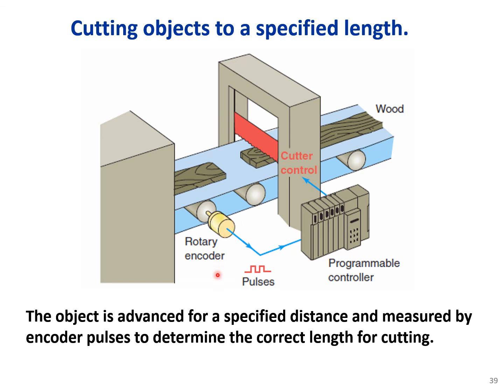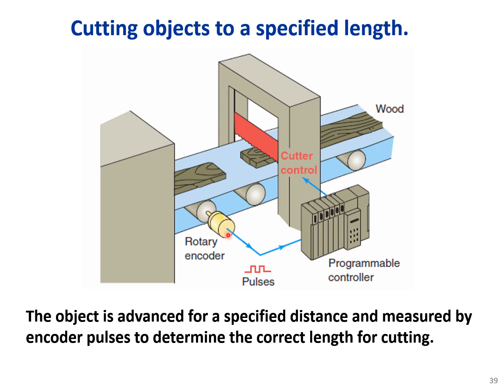Now we want to use that encoder to cut our woods with specified lengths. The speed of the conveyor is constant, and since this motor is rotating the conveyor, the speed of the rotor here is also constant.